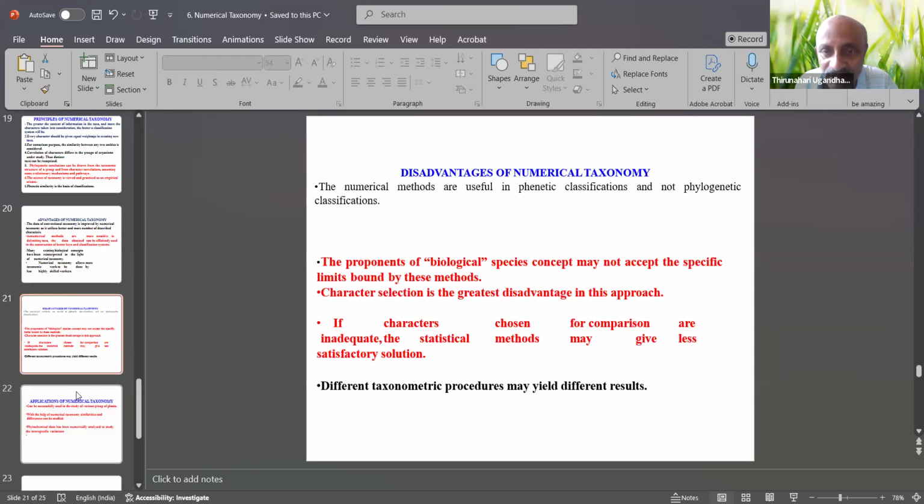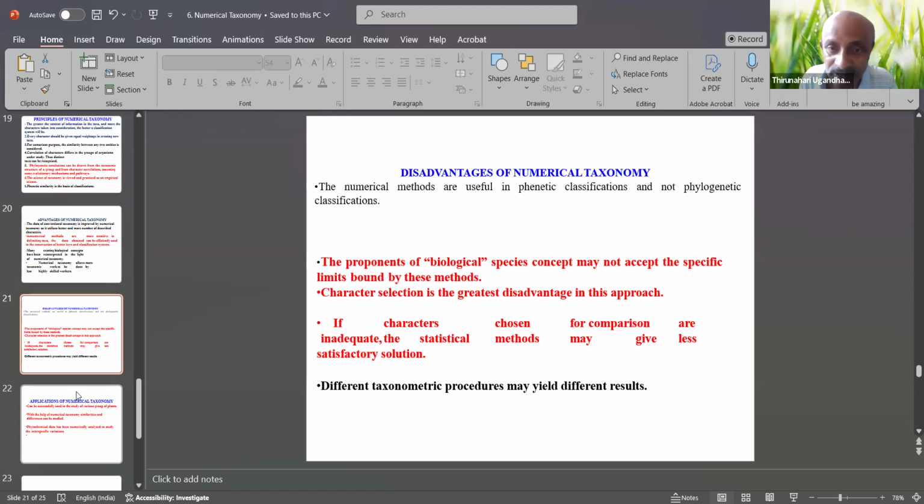The disadvantages of numerical taxonomy. Numerical methods are useful in phenetic classification and not phylogenetic classification. That is an important disadvantage: only phenetic level, not phylogenetic. Not phylogenetic means the primitive and advanced types are not better distinguished.